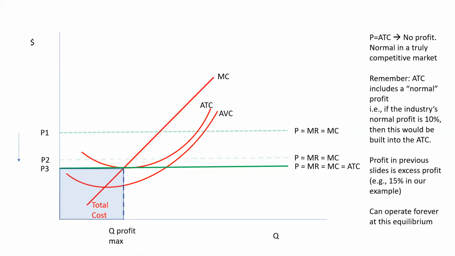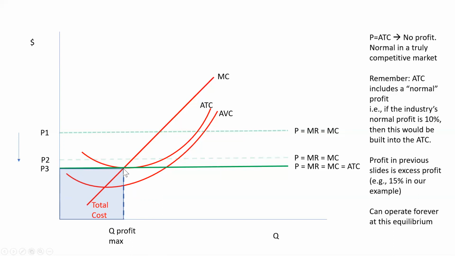If price falls again, this reaches our first important point. Here we have the unique situation where price is equal to marginal cost, and when we draw that new profit maximizing quantity line up, that intersection between marginal cost and marginal revenue is also where both lines intersect the average total cost.